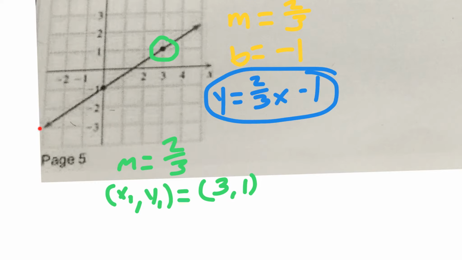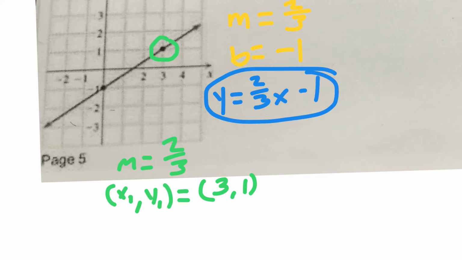Now, you could have picked this point way down here if you wanted to, -3, -3. Okay, you could pick some awful decimal that you can't tell what it is, right? That's why we don't want to pick the decimal points. But any point that's on the line works.